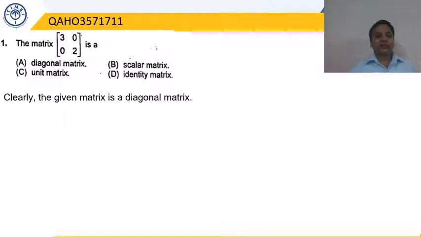So if you look at the choices, scalar matrix, unit matrix, identity matrix are ruled out. You just learn the definitions. But for sure we can say it's a diagonal matrix. Elements are only in the diagonal, and any element which is not in the diagonal is equal to 0. So the choice comes out to be A.